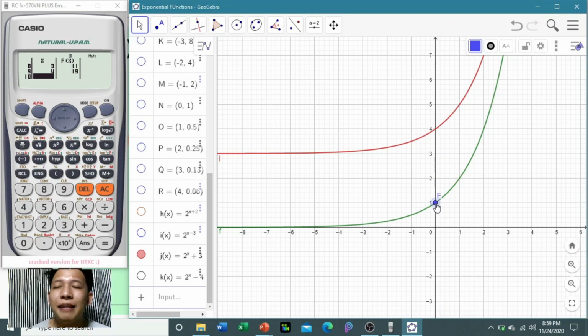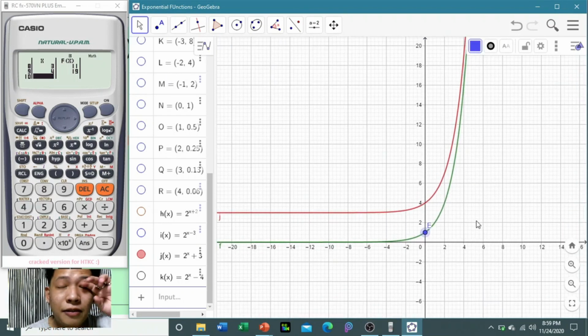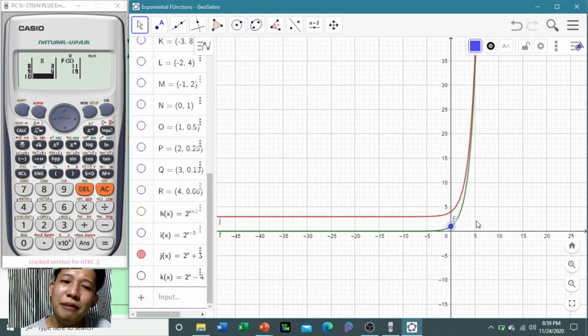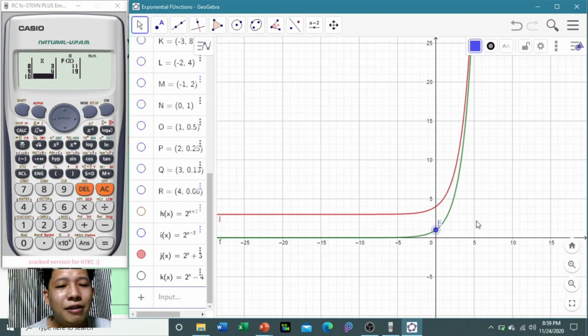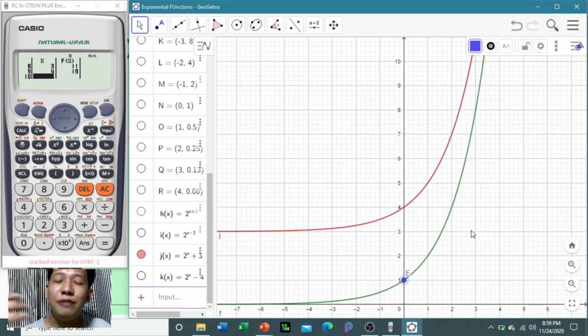So, ibig sabihin, if we are adding a certain value to the whole function, then we are actually moving the graph upward. Okay? And let us now have our properties of the function. So, still our domain, dahil hindi naman po yan mababago, the domain for all exponential functions would be set of real numbers.